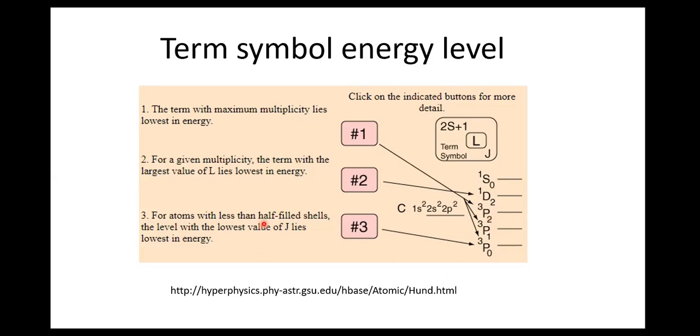So for less than half-filled shells, which is the case here because we have 2 electrons in the p shell, we look for the lowest value of J, which has the lowest energy. So apparently this one has J equals 0, and this one has J equals 1 and 2. And we arrive at the conclusion that this 3P0, this triplet P0, is actually the ground state for this carbon.